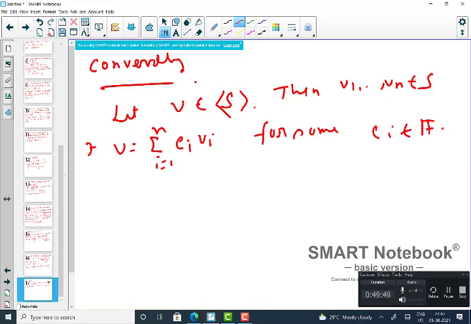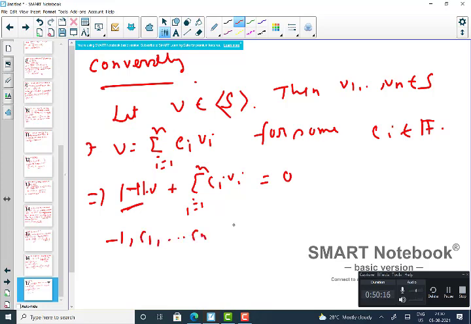So what does that mean? That means you can write down, now obviously v is not inside S, minus 1 times v plus the summation CiVi, i from 1 to n, and this is 0, and see that this minus 1 is not equal to 0, right? So you have constants minus 1, C1, up to Cn such that this linear combination is 0, and minus 1 is not equal to 0.